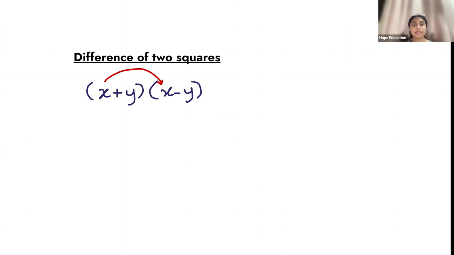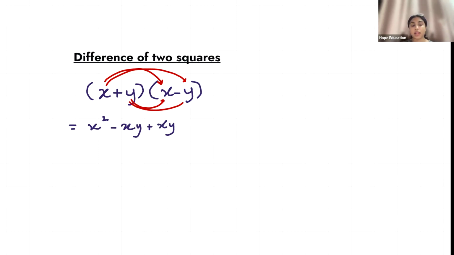Then y times x is still xy, but plus times plus, it's plus. Then y times y is y squared, plus times minus, it's minus. We can see minus xy plus xy, then they cancel. So what we have remaining is x squared minus y squared.